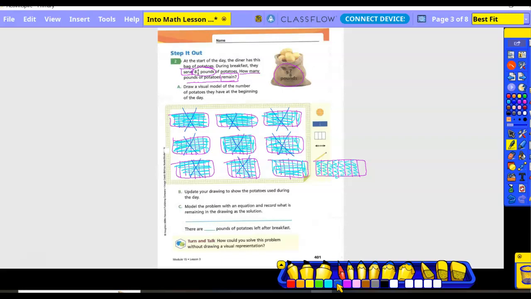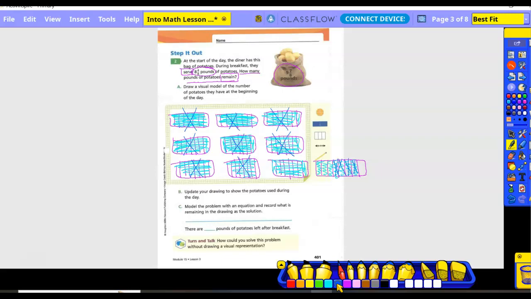And then how many of the single fraction strips do I mark off? 4. So then I'm going to come over here and mark off 4. 1, 2, 3, 4. So what am I left with?